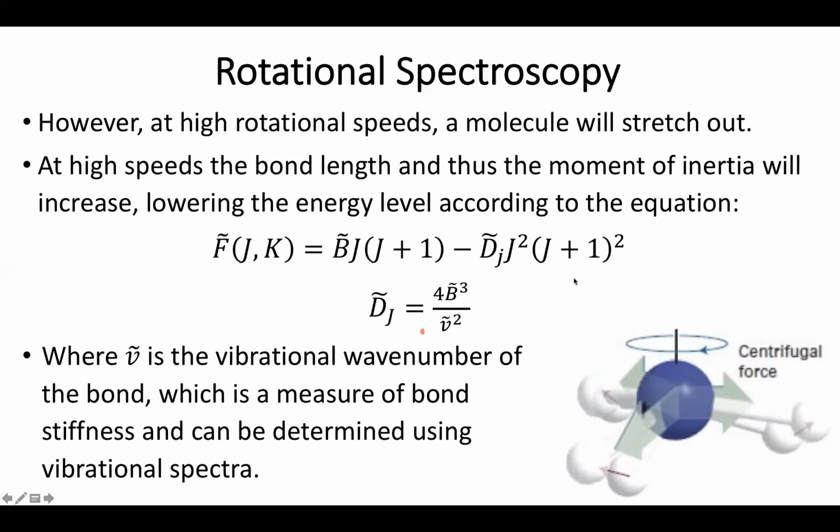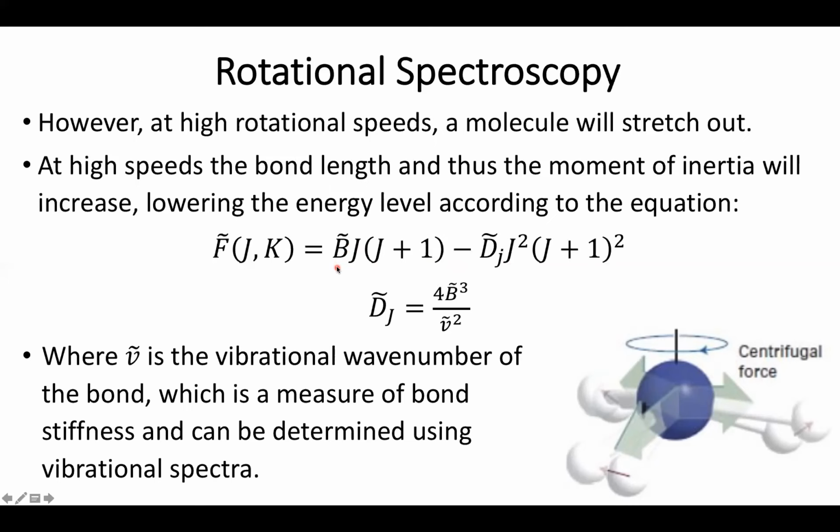So this expression will tend to dominate when J is fairly large, because at that point, this is going to be much larger than the simple quadratic dependence on the original rotational energy. So again, what this ends up showing us is the faster we spin a molecule, the more I'm going to lower my energies and force my various energy levels into a tighter packing.